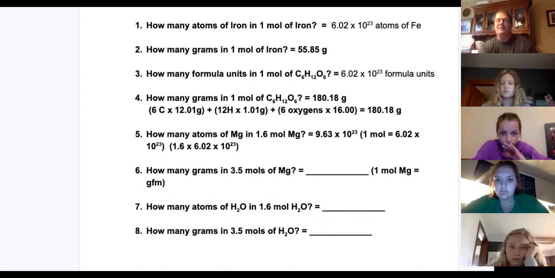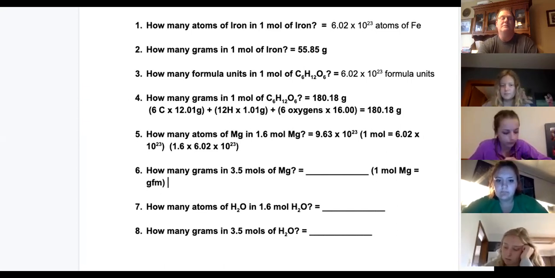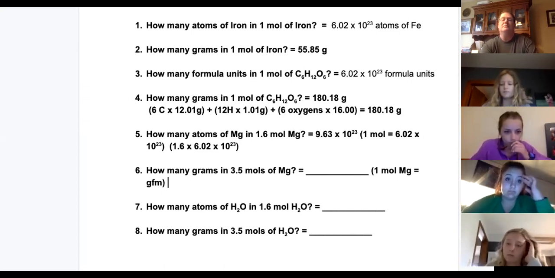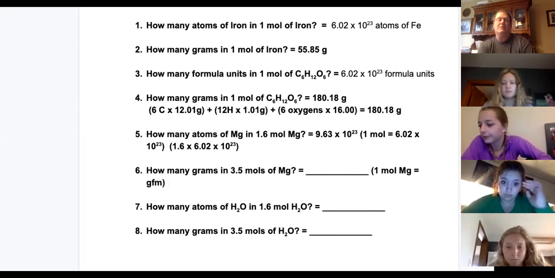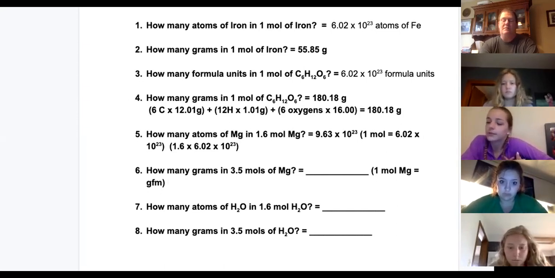I think magnesium is 22.99, but I don't have a table with me. Guess I could look it up. Or no, 12.01. No, that's correct. It's 85.0675.